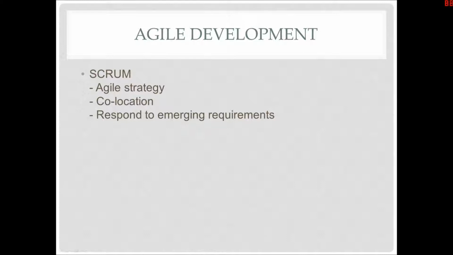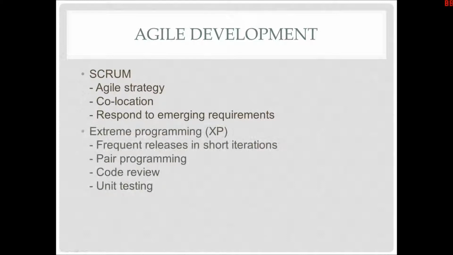And Scrum is much about adapting to new requirements along the way. And there's of course extreme programming, which I'm sure you heard of. And within XP there are some concepts like pair programming, code review, and unit testing as well.